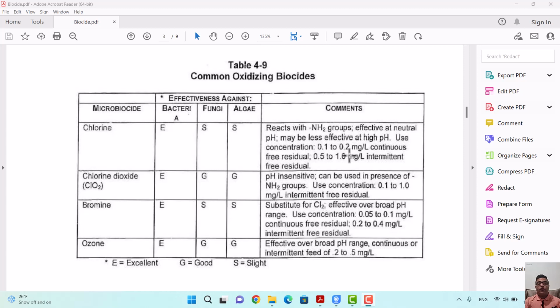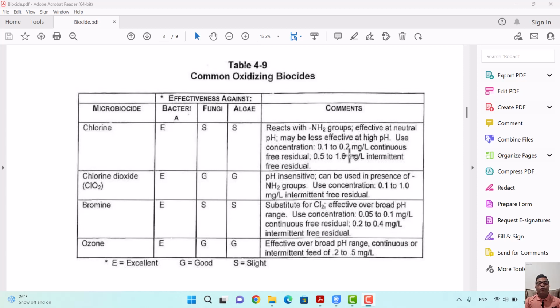you can get such low free residuals even though you are injecting chlorine compounds on a daily basis. Don't worry about these ones because it sometimes happens. But I want to ensure you that they, in fact, are fighting against these bacteria.